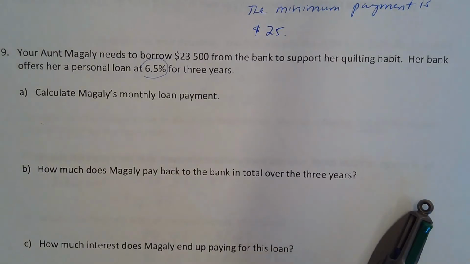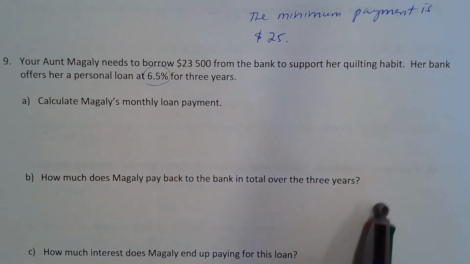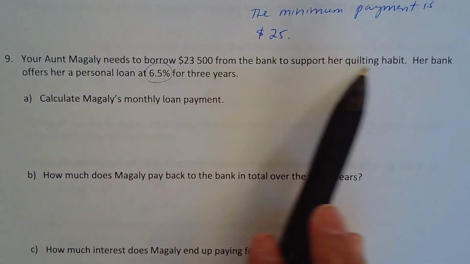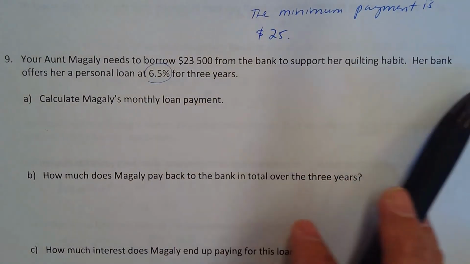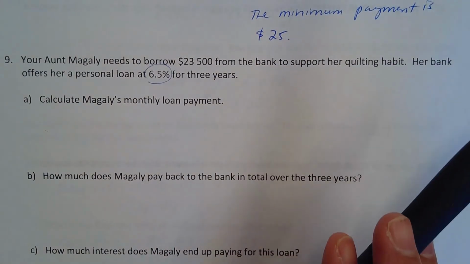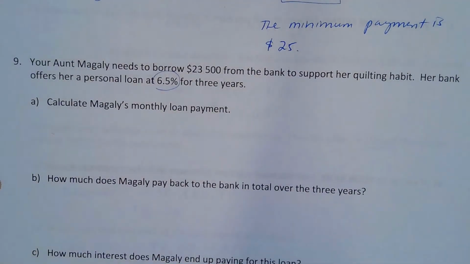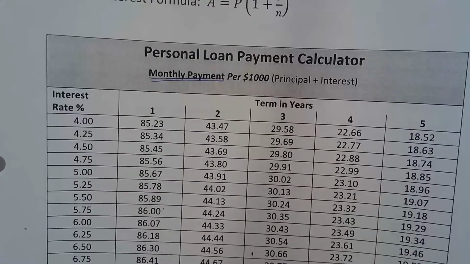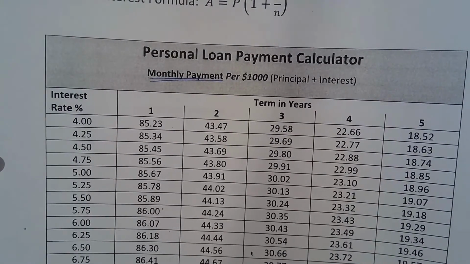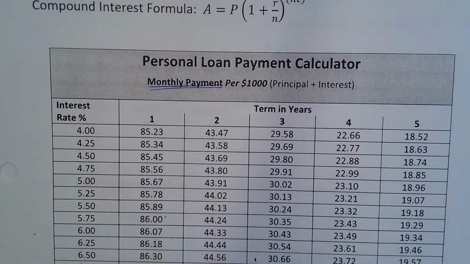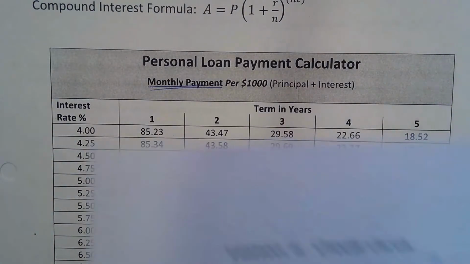Okay. Calculate the monthly payment. I don't see the amortization rate in this question. They didn't tell us amortization rate. Sorry. So what we need to do is we have to look at the chart. I'm gonna look at the formula sheet that we have.